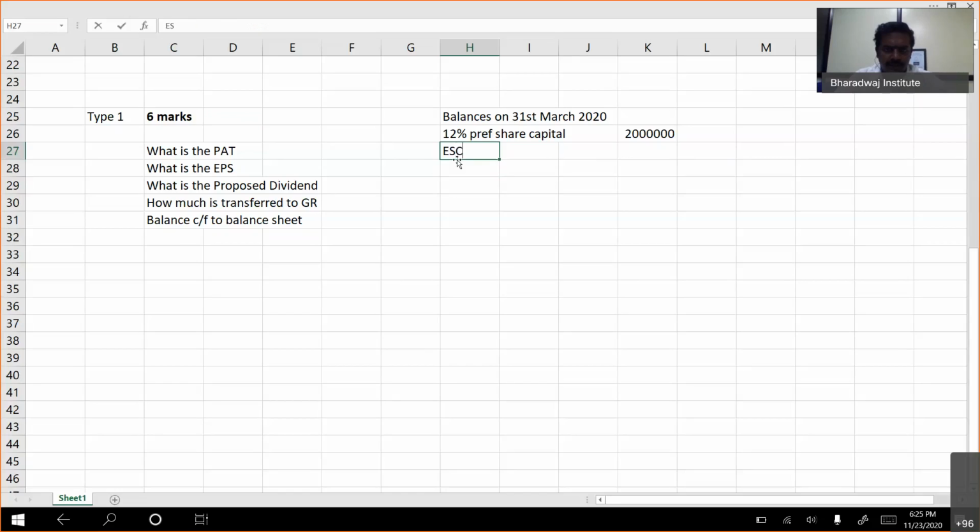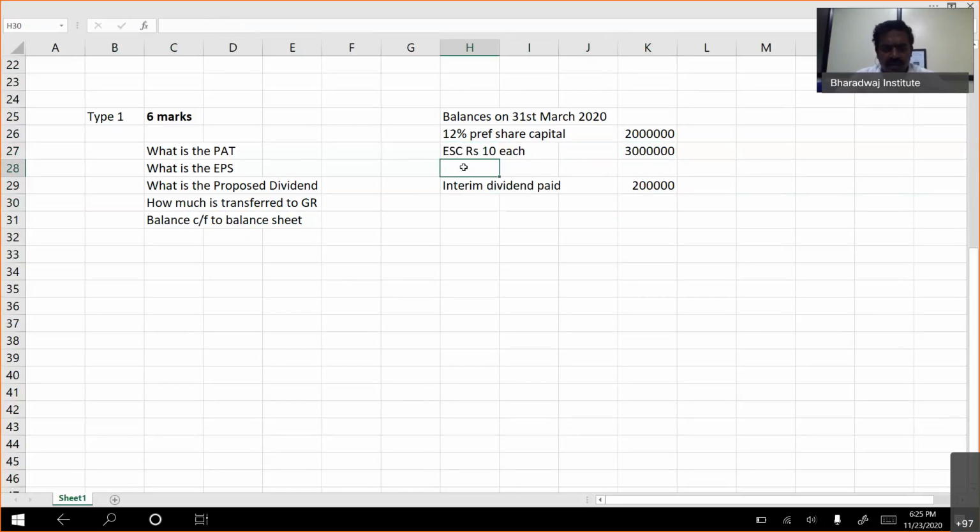Equity share capital, rupees 10 each, 30 lakhs. Interim dividend paid, given from the trial balance, 2 lakhs. These are the balances on this date.